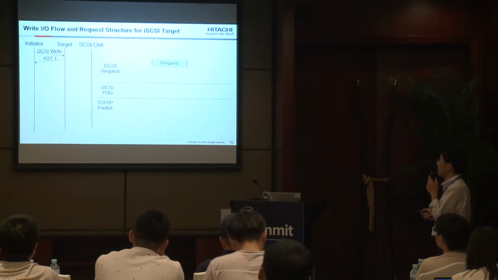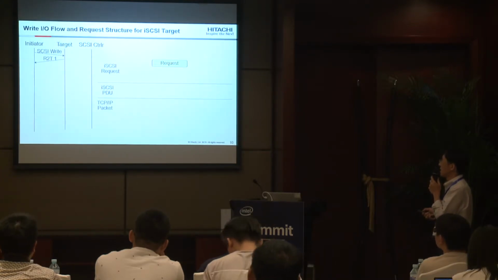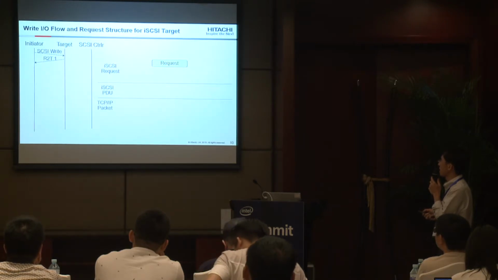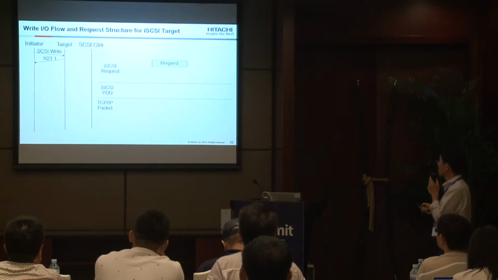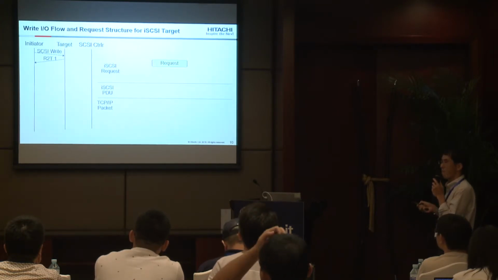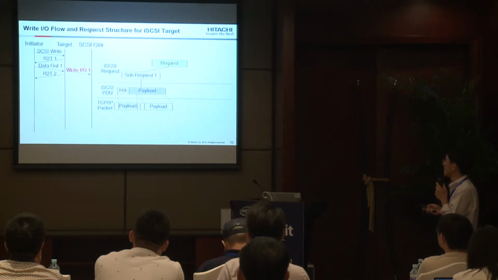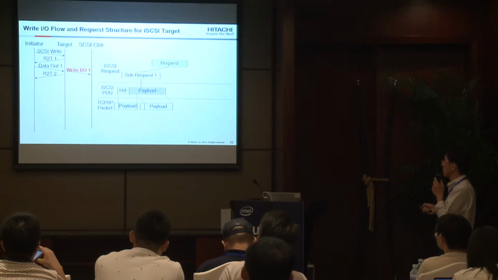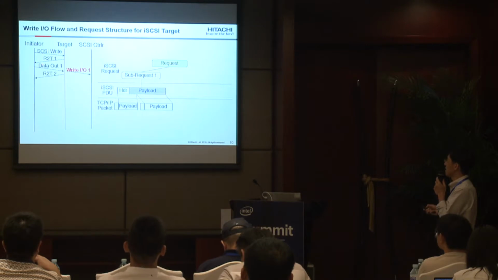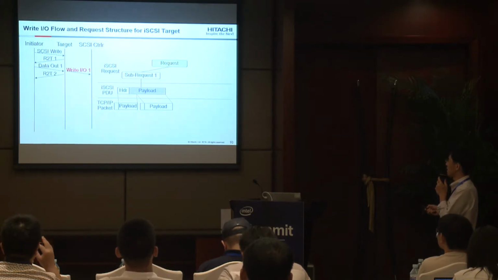When the initiator sends a SCSI write to the target, the SPDK iSCSI target creates the primary request structure, and then replies with ready to transfer to the initiator, and then the initiator sends the actual first data.